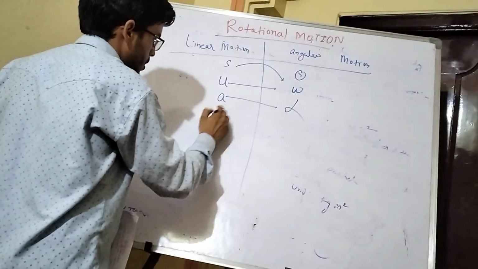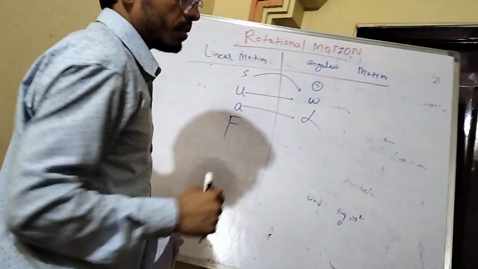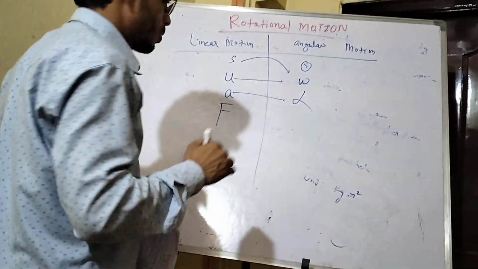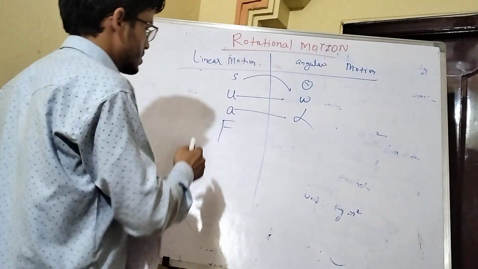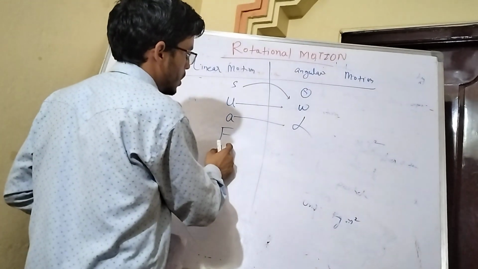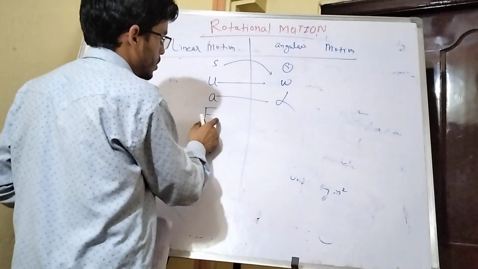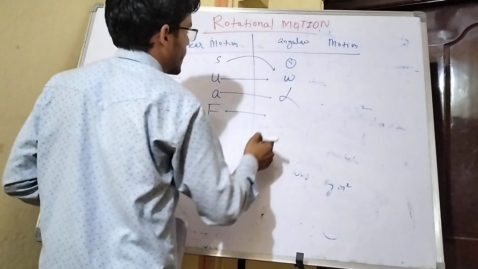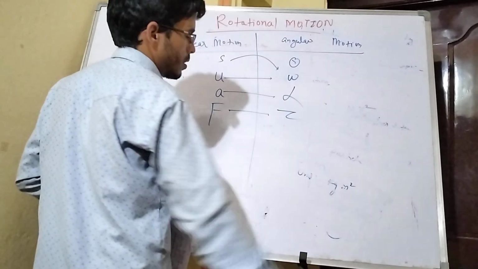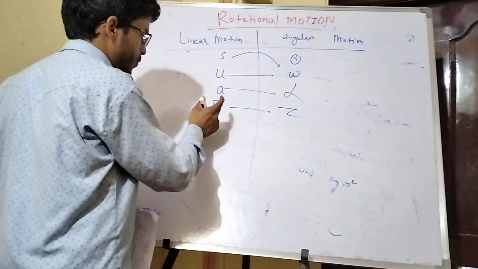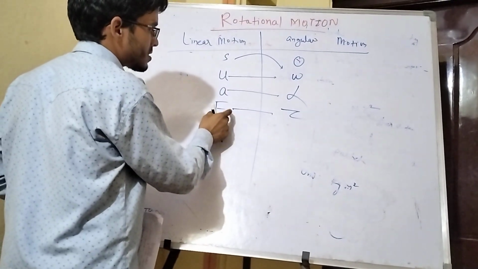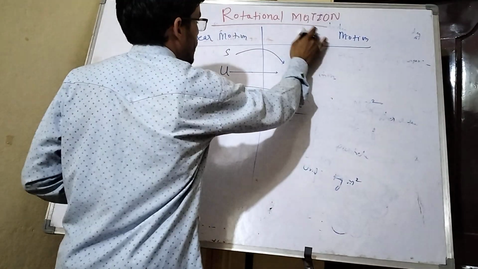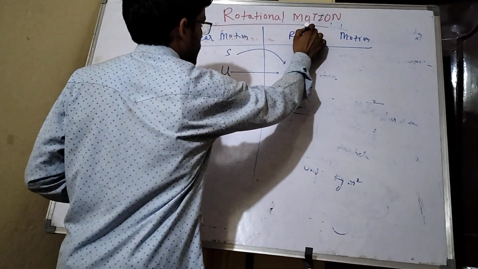And next, suppose your particle is moving linearly, so we have to use force, right? In case of linear motion we have to use force, and you know what the analogy of force in angular motion is? This will be torque. The role of force in linear motion is the same as the role of torque in rotational motion, right?